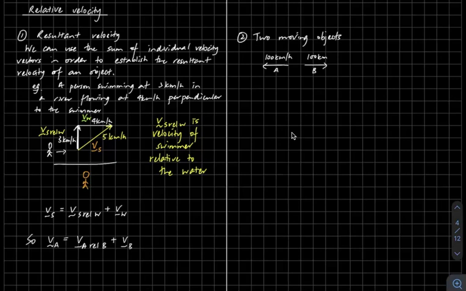So in this case we might say, what is the velocity of A relative to B? The way I've worded that would mean we're sitting in car B, because it's relative to wherever we are. So we're sitting in car B and we're saying, what's the velocity of car A relative to us?